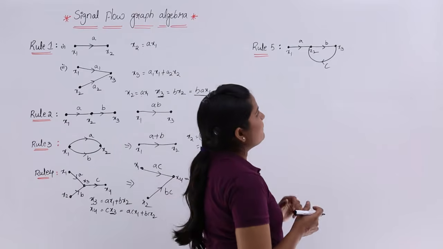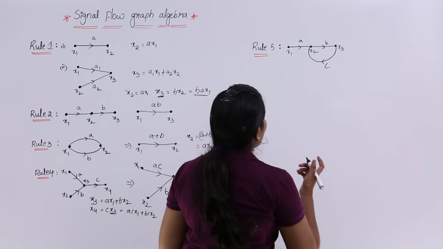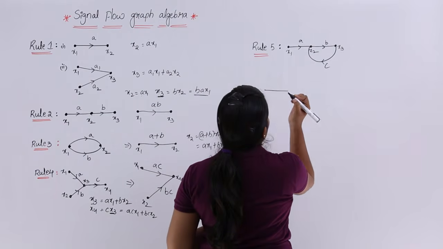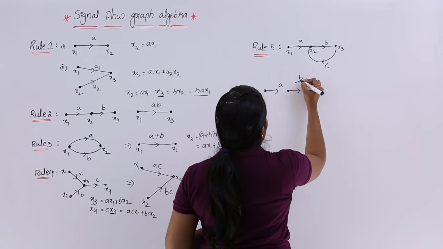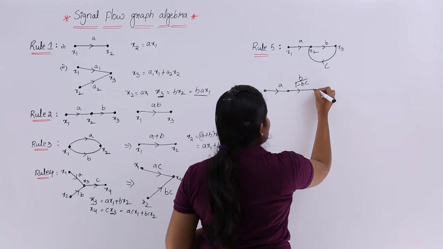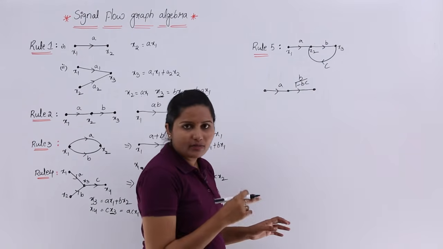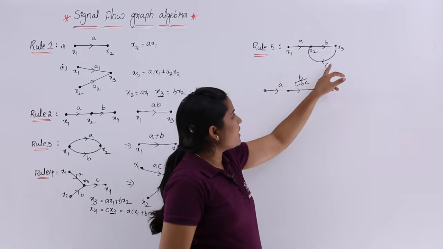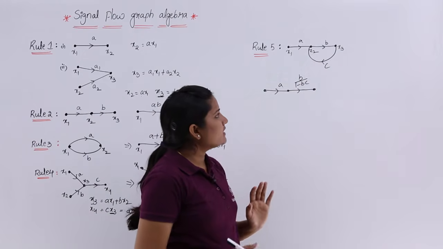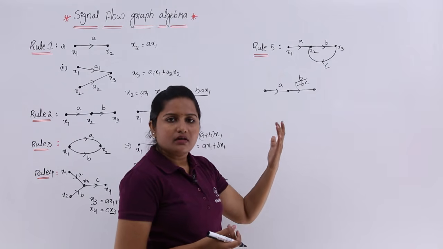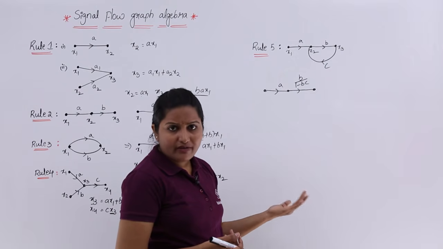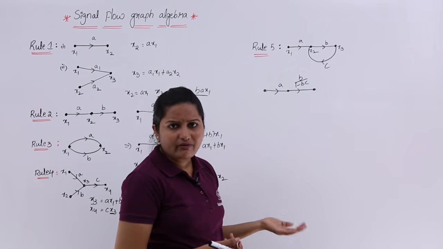Coming to rule number 5, if you are having a feedback loop, a feedback path, then you can take that feedback path like this. That means B by 1 minus BC you can take, similar to block diagram reduction. If you are having feedback, then that feedback path you can consider in the form G by 1 plus GH or G by 1 minus GH.